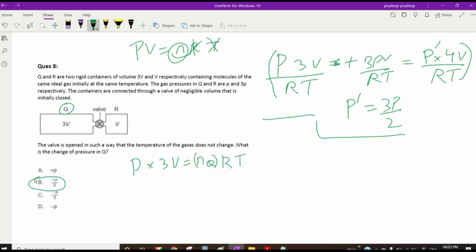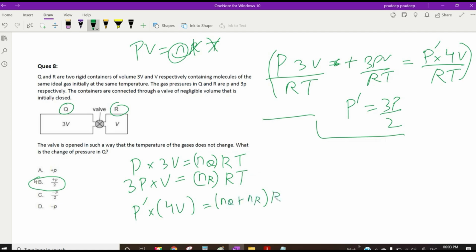If I consider the R container, pressure is 3P, volume is V, and let's say the number of moles of the gas is nR, so you have nR into RT. The last equation will be the new pressure P dash multiplied by the total volume, which will be 4V, equal to the sum of the two moles, nQ plus nR, into RT.